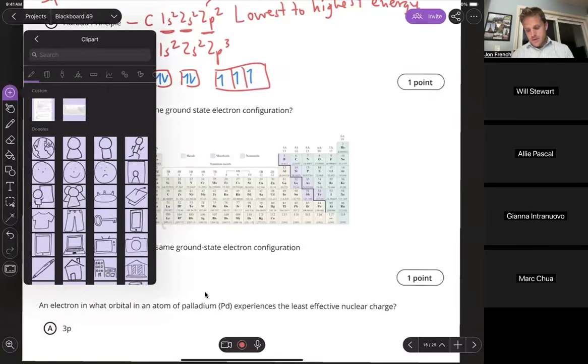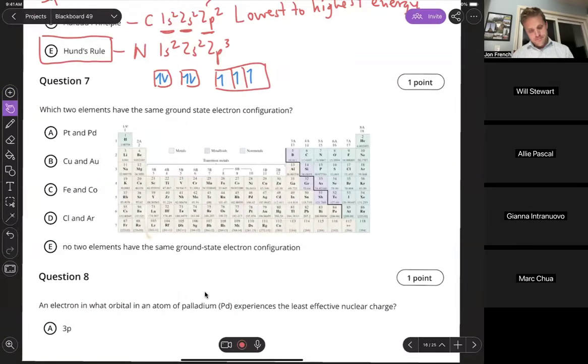All right, so palladium is right here. Our electron configuration for palladium would be 1s2, 2s2, 2p6, 3s2, 3p6, 4s2, 3d10, 4p6 takes us to krypton, 5s2, and then 4d, 1, 2, 3, 4, 5, 6, 7, 8 takes us to palladium.